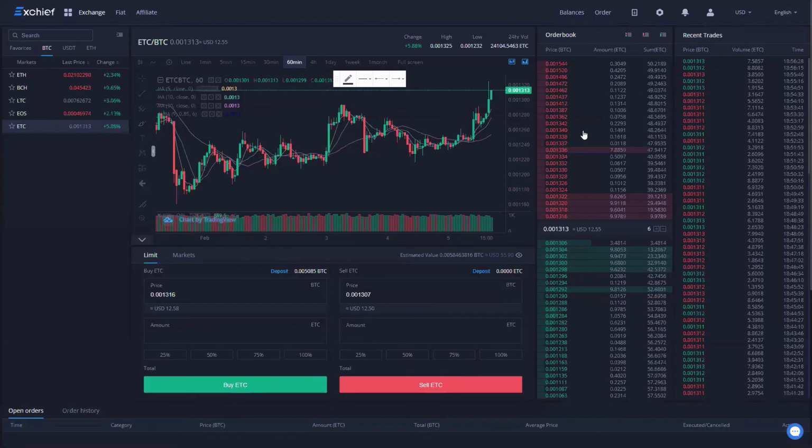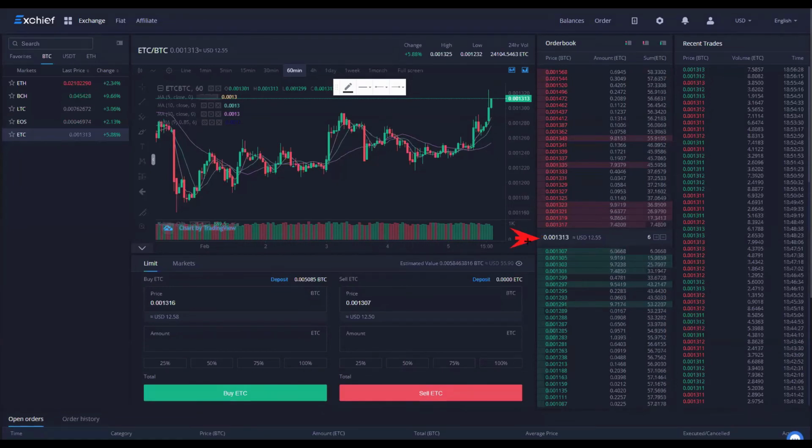When you talk about the onboard price or the current price, this is the price we are referring to. This price indicated over here is the onboard price, and that is the same price that is also depicted over here.